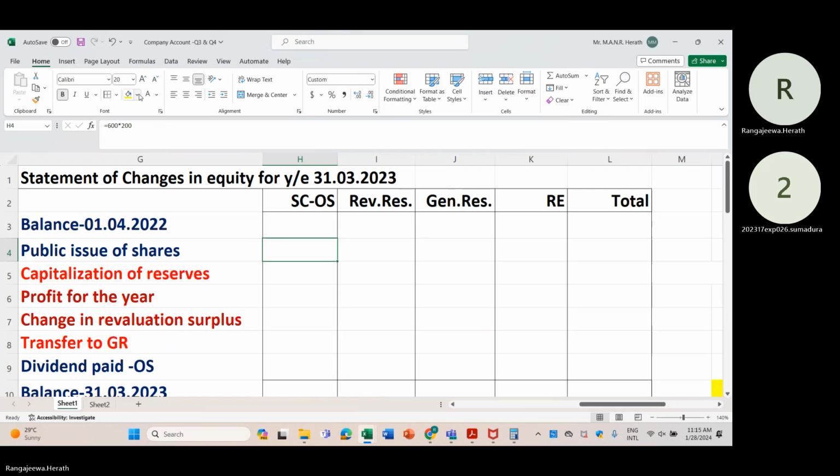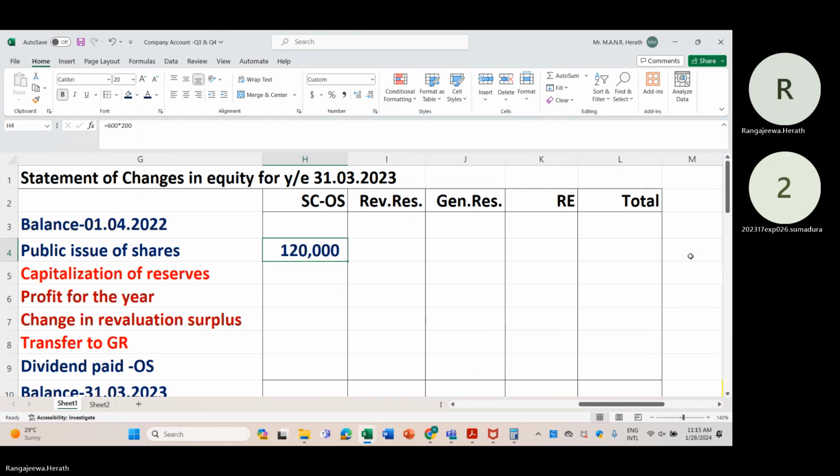The public issue of shares has been accounted as 600 into 200, which is 120,000. Right? Now in the trial balance we have 320,000, which is after accounting for this public issue. That means the opening balance is how much? 320 minus 120, the opening balance is 200.